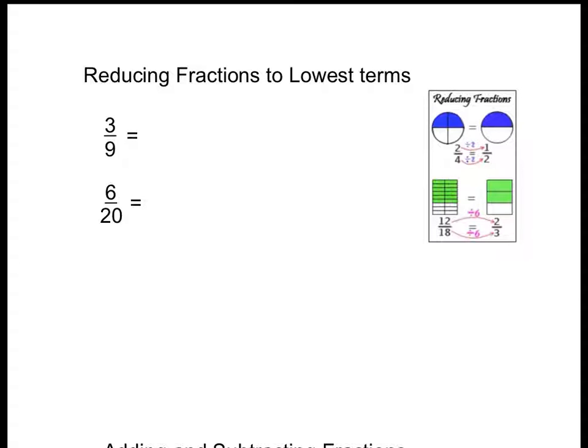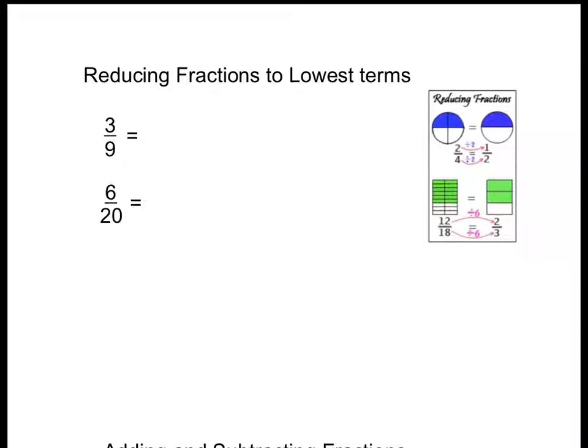So the first thing that I want to mention is reducing fractions to lowest terms. Anytime we are dealing with a fraction, we want to look at it and we want to put it into lowest terms. So for example, 3/9. In order for me to determine if this is in lowest terms, I want to find out if 3 and 9 have a common factor. In other words, is there a number that goes into both 3 and 9?